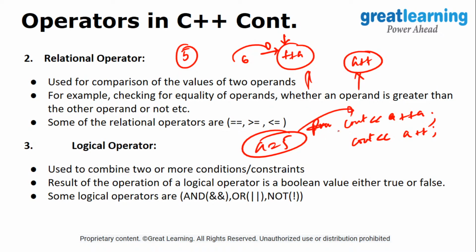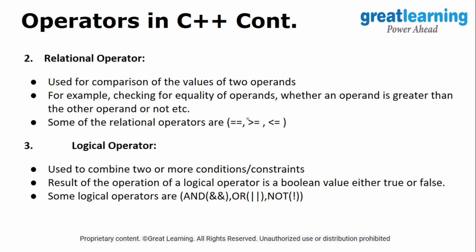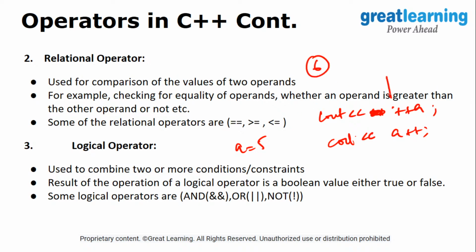In this statement, cout plus plus a, your a is 5. You increment it first, that is 6, and then assign it to a.